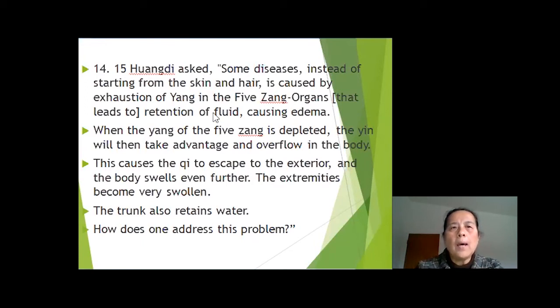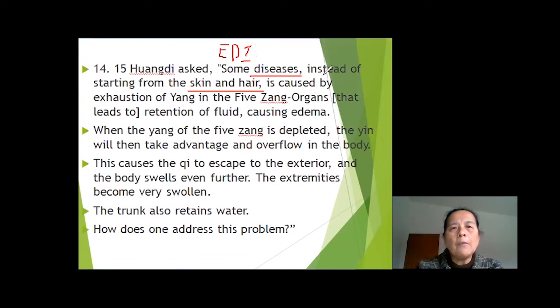Then Huang asked about another illness. Some illnesses come from the skin and hair. Usually we talk about external pathogenic illness coming from the superficial part of the body, gradually invading the internal organs.